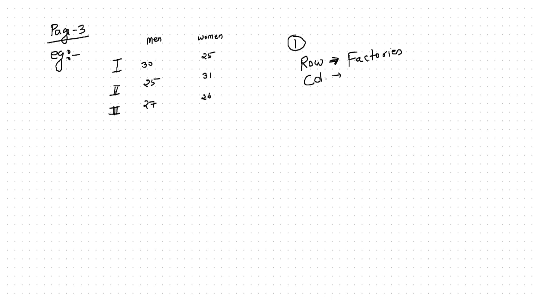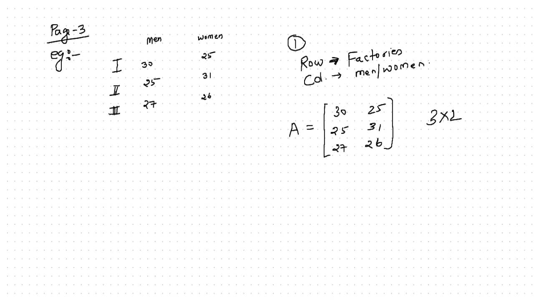Column will contain men or women numbers. Okay, then this matrix be named as A will contain data in this form: 30, 25, 25, 31, 27, and 26. So this is three rows and two columns, a 3 by 2 matrix.